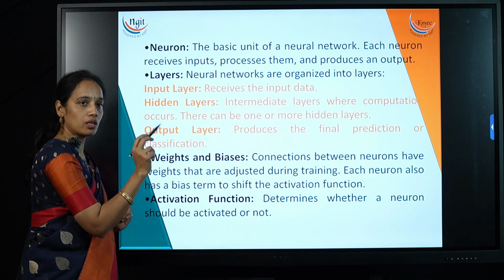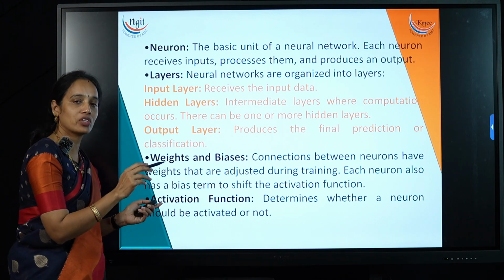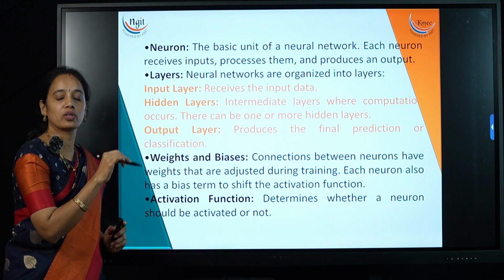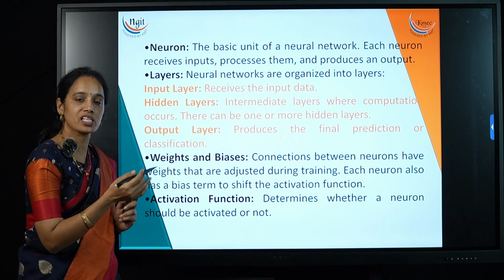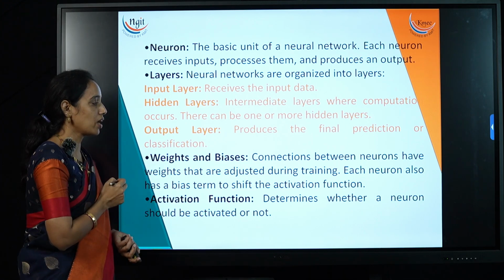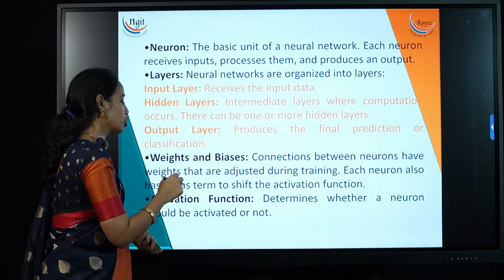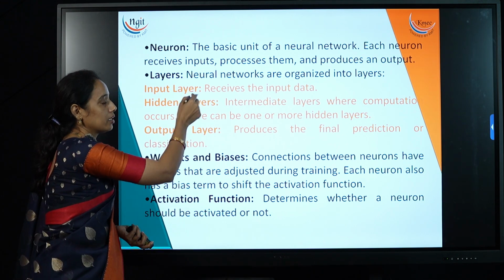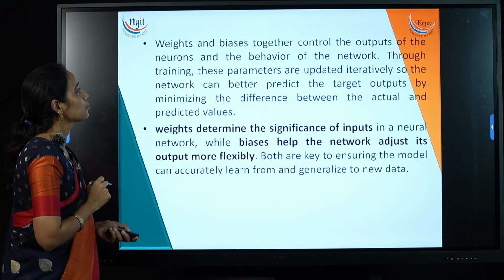Each neuron also has a bias term to shift the activation function, and these two are compulsory when we are implementing an application with the help of an artificial neural network. Coming to the activation function, it determines whether a neuron should be activated or not, so this also plays an important role in neural networks.